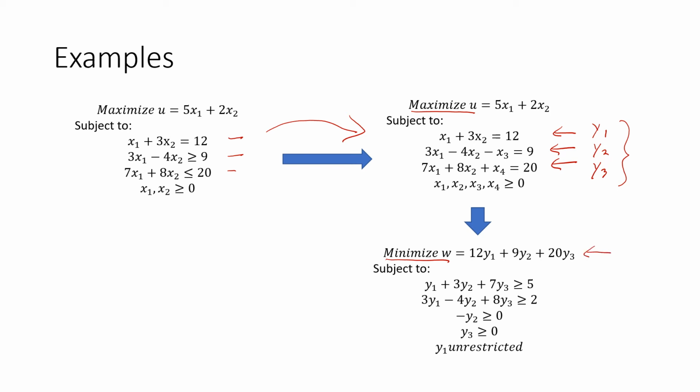That becomes our objective function. It's a minimize, so because we're minimizing, everything becomes a greater than or equal to. If the dual was maximizing, it would be the other way around. But if the dual is a minimize function, then you want your constraints to be greater than or equal to.